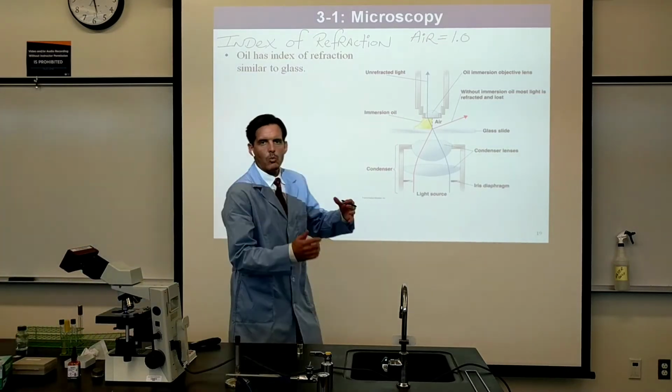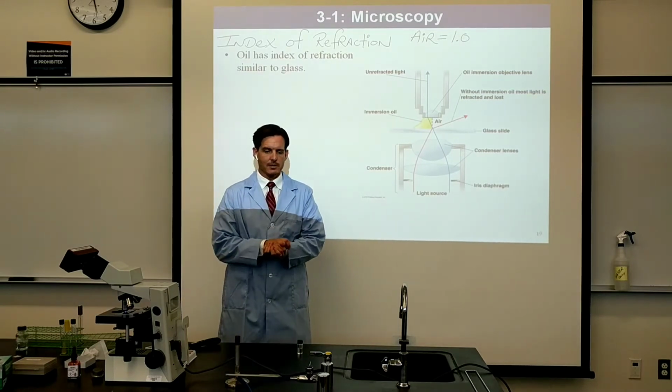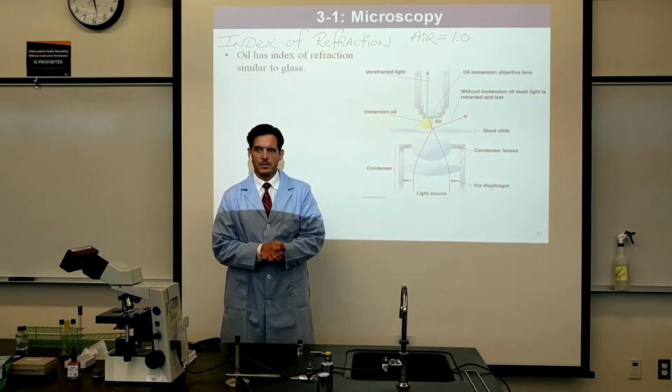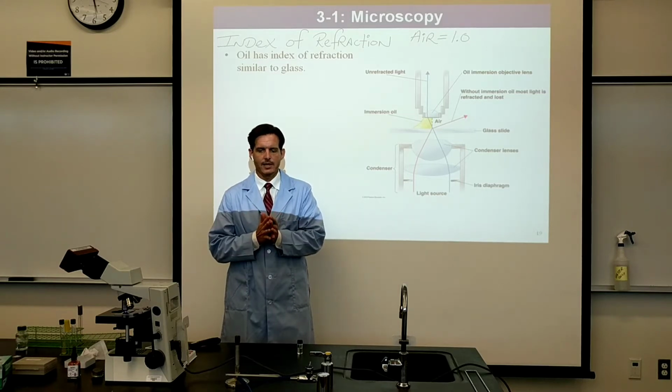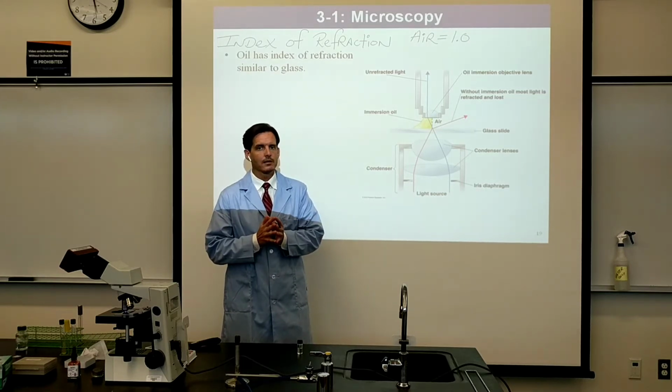But then, what about when light travels through something thicker, something more dense, like glass? Glass is clear, we know that light will go through it, but it's going to have a different effect on the light. And the index of refraction for glass is 1.5.